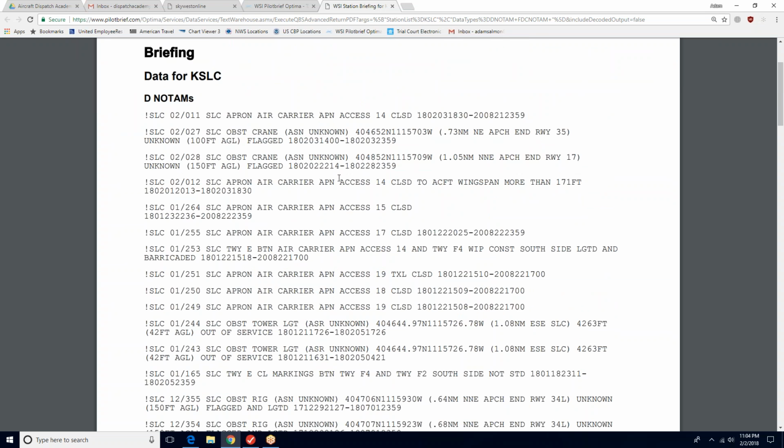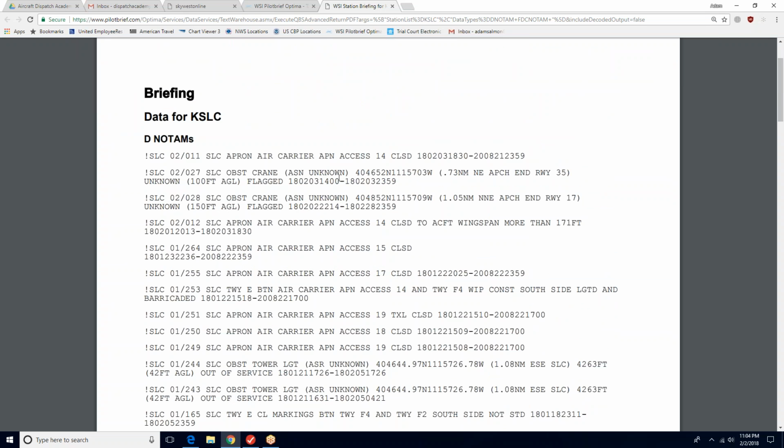Now, one thing about NOTAMs, and eventually we're going to show you a way to quickly scan your NOTAMs, teach you a method of scanning with your eyes so that you can quickly gloss over the NOTAMs and have the ones that are actually pertinent to a dispatcher stand out, what specifically you're looking for, what words you're looking for.